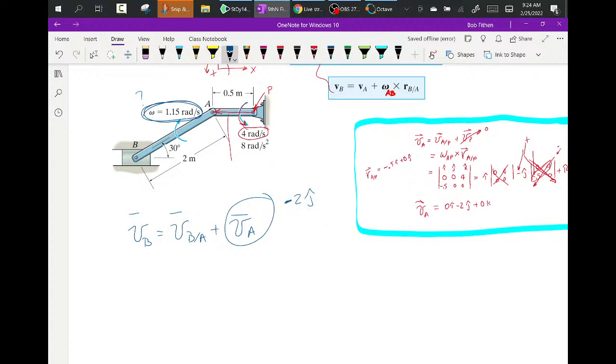I know that it was given to us, but these were slightly different kinds of problems in which they did give them to you. Now, omega AB, which is in fact this, but we're not going to claim we know it. This is usually not given. This is something to find.